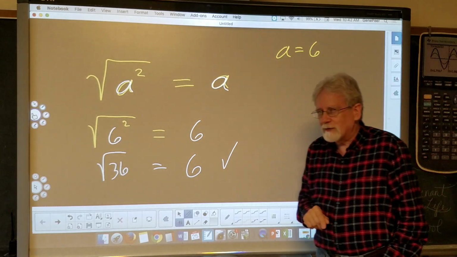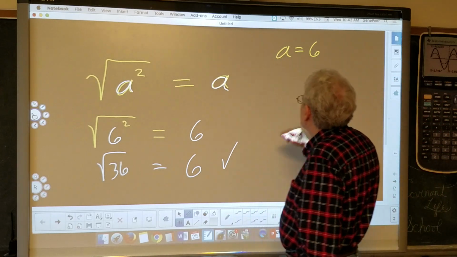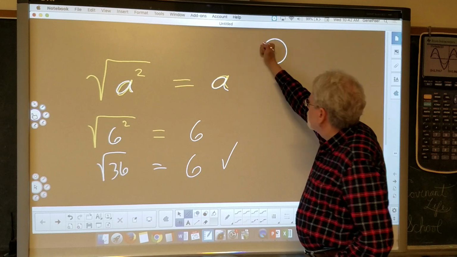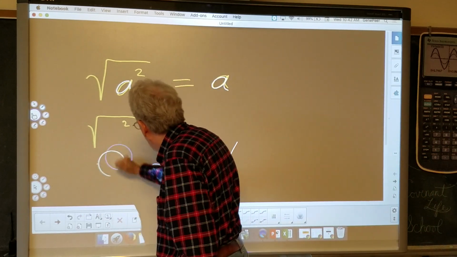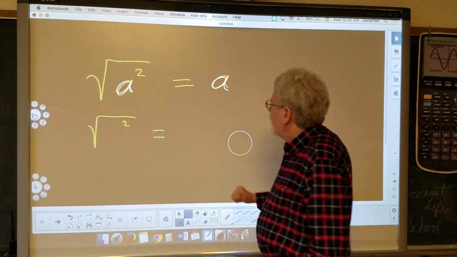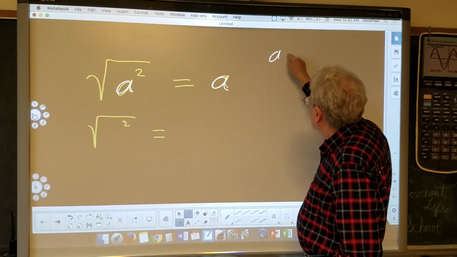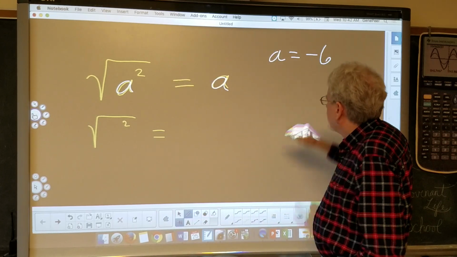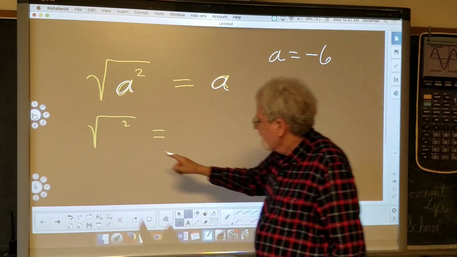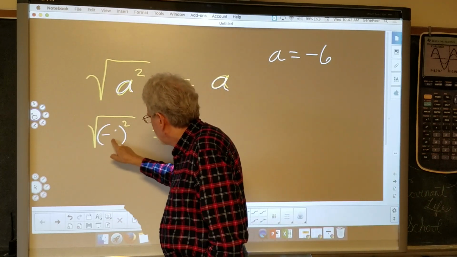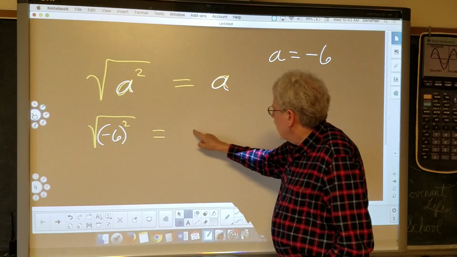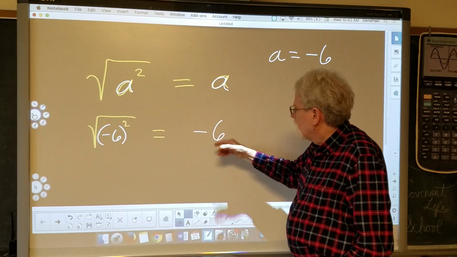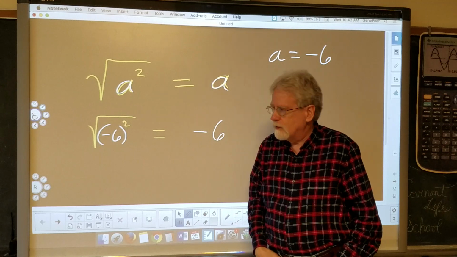But here's the problem. What if a happens to be not 6, but suppose a happens to be negative 6. Is this statement still true?